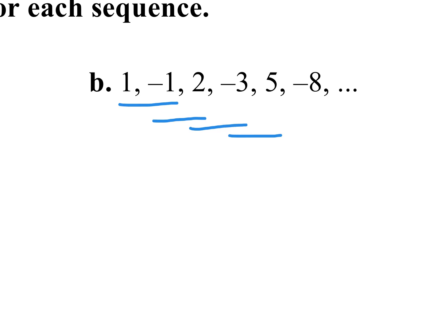So it seems like the way we could find An, and we have to be careful with the order, is I took the term 2 before, and I subtracted the term 1 before what we're looking for.